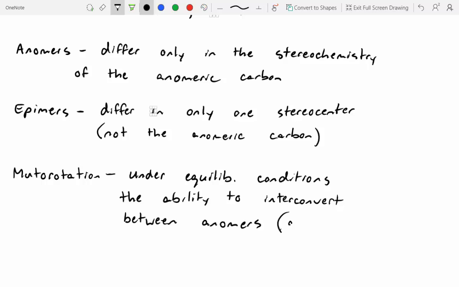Another way of thinking of this is you can have alpha go to beta, go to alpha, right? So that alpha D-glucose under equilibrium conditions can interconvert to beta D-glucose and then back again. So mutarotation is just describing that specific interconversion.